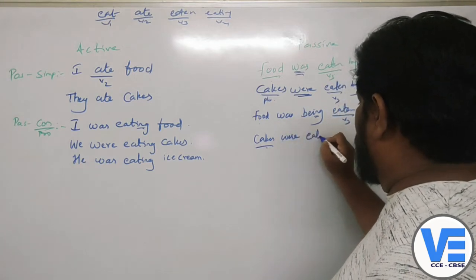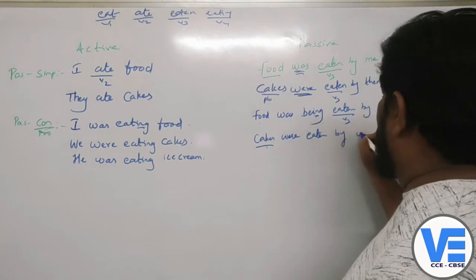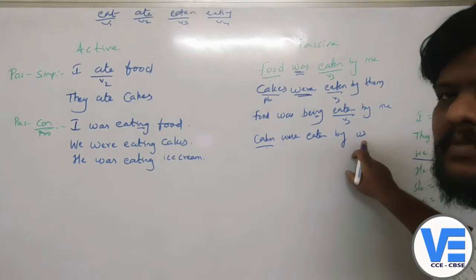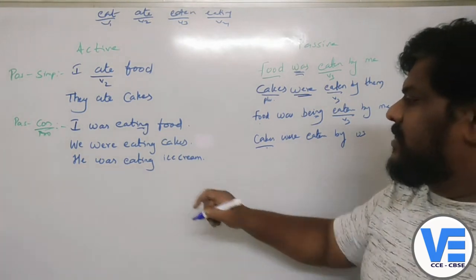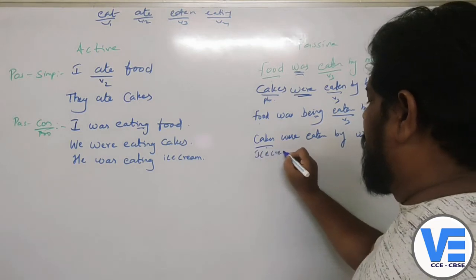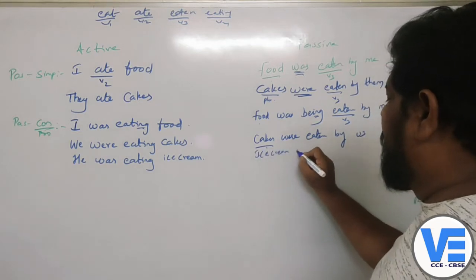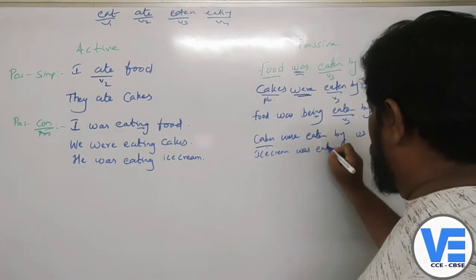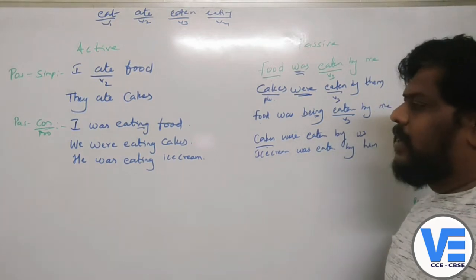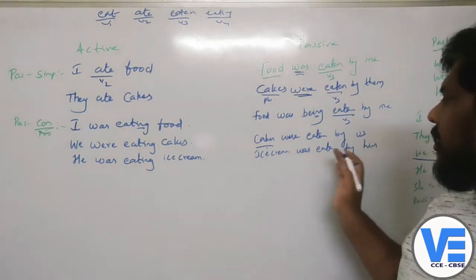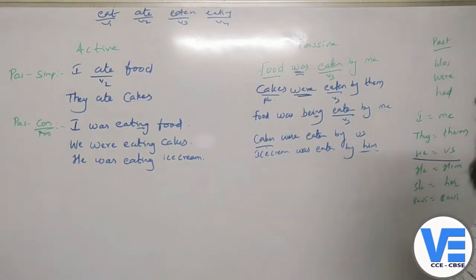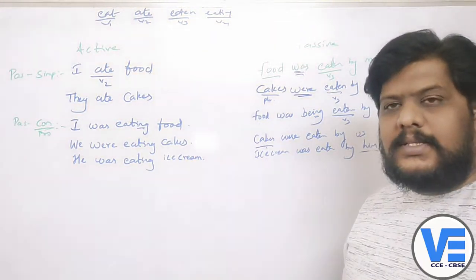Cakes were being eaten by us. So we becomes us. And he was eating ice cream. Because there is only one ice cream, it is was: ice cream was being eaten by him. In case you want to write she, it will become her. This is how you complete the past continuous tense.